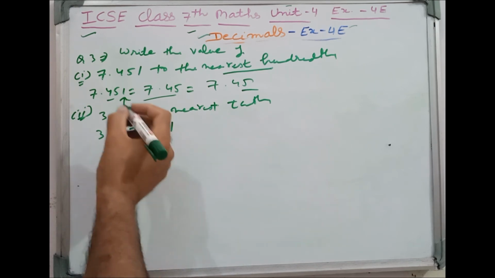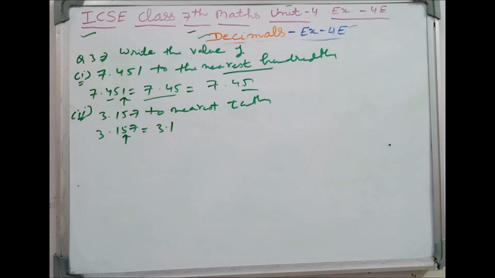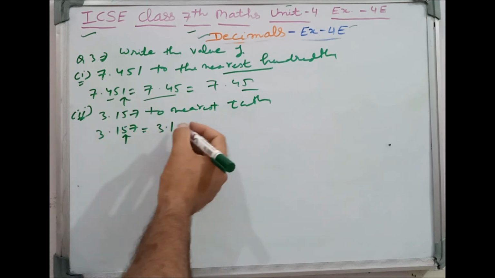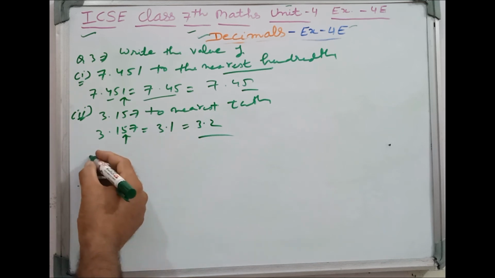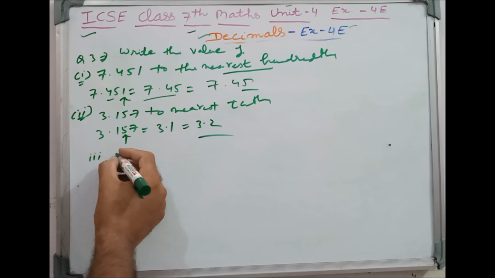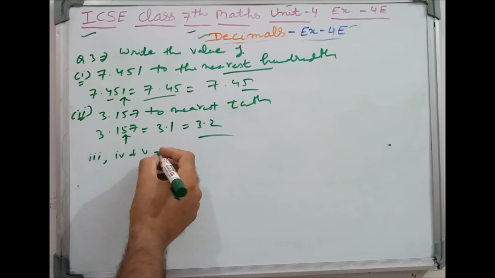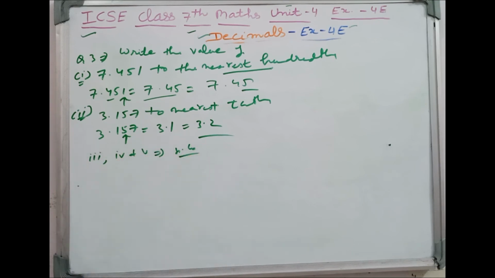See the second place. It is 5 or more than 5, so 1 will be added. It will become 3.2. No need to panic. The remaining third, fourth, and fifth are your homework. Do it at your home.